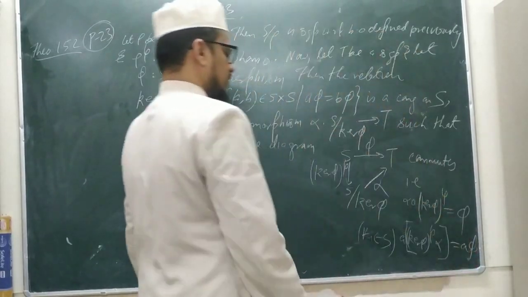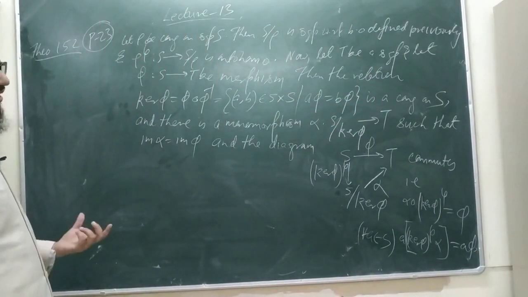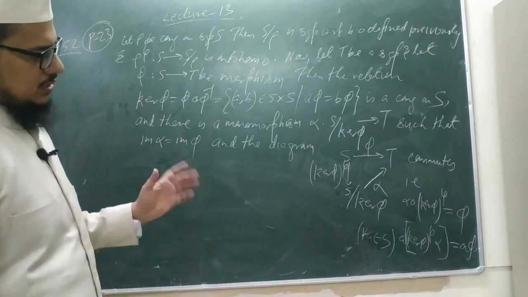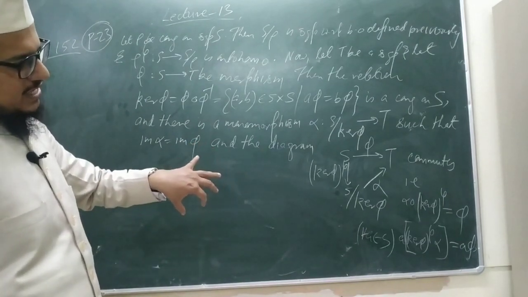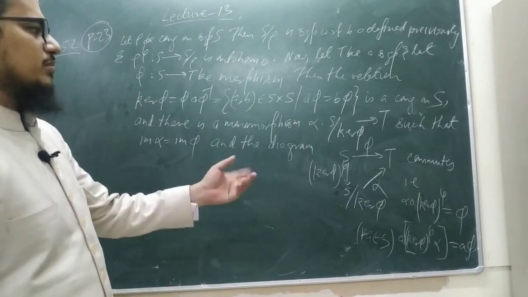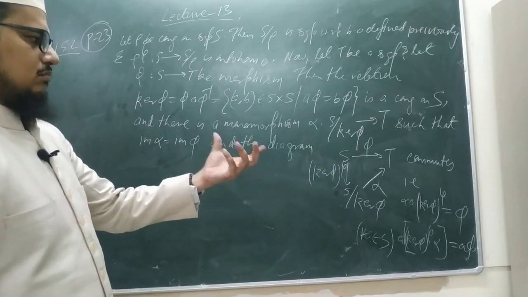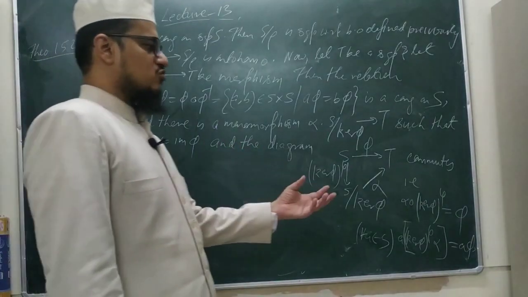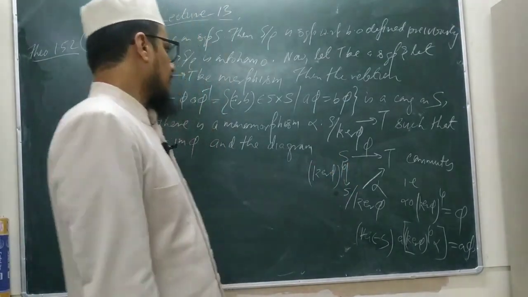For every A belonging to S, we have to prove this, because if you take an element from the left-hand side, first kernel phi natural will operate on A, and after that alpha will operate, and it should equal A phi. Then only we can say that the composition of these two maps is equal to phi, or that this diagram commutes, correct?